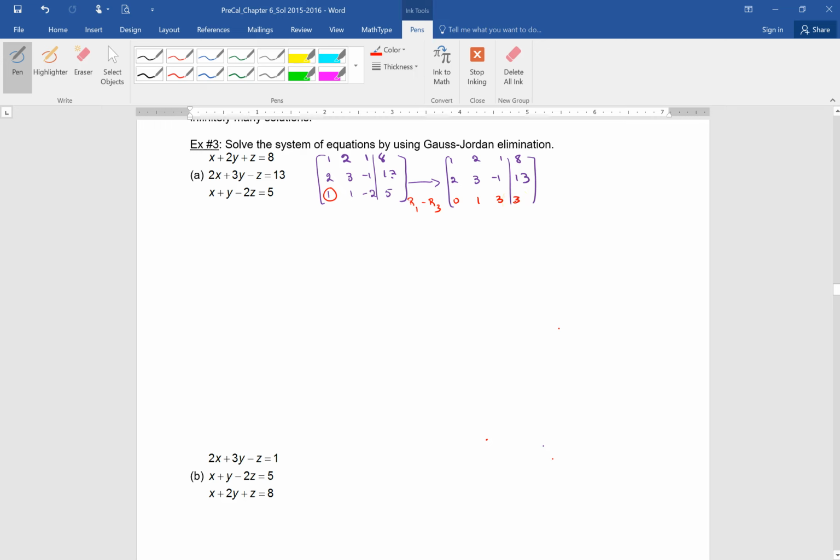This way we get positives. What else am I going to change? The 2, so let me copy over the rest. This is the best way to do it. Doesn't matter.